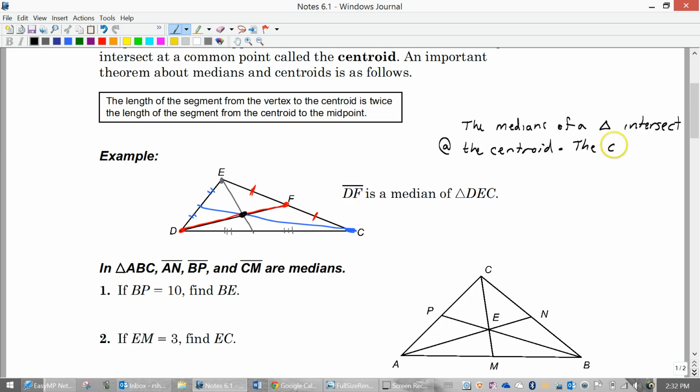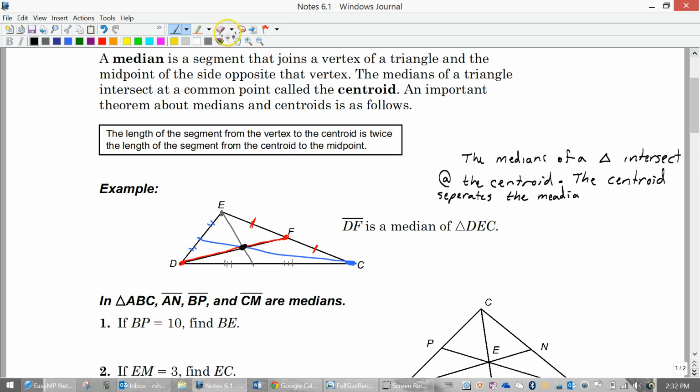The centroid separates the medians. Did I spell medians wrong? Feeling like I did. Yes, I did. Separates the medians into 2 parts with ratio 1 to 2.